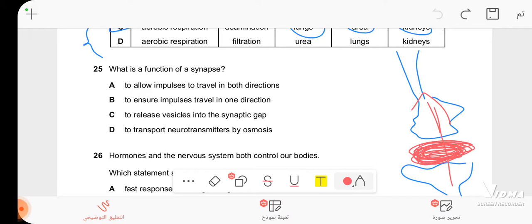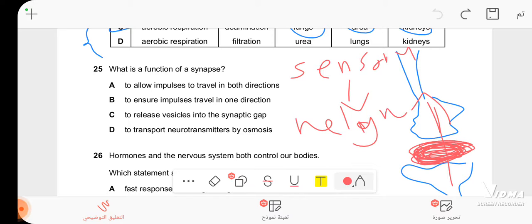Suppose that we are talking about sensory neurons. You feel pain, the pain will move from sensory neurons, which extend from your hand, for example, if you touch a hot object, to your spinal cord, where there is a relay neuron, which connects the sensory and motor neurons.